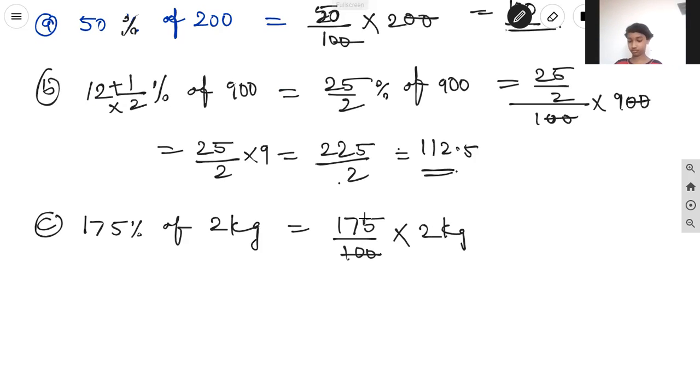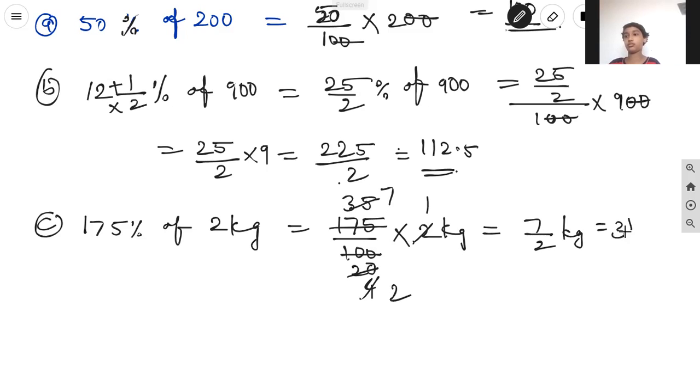In 175 and 100, 5 twos are 10, 5 threes are 15, 5 fives are 25, 5 fours are 20, 5 sevens are 35. 2 ones are 2, 2 twos are 4. It is equal to 7 by 2 kgs, or 3 1 by 2 kgs, 3.5 kgs. This is the one type.